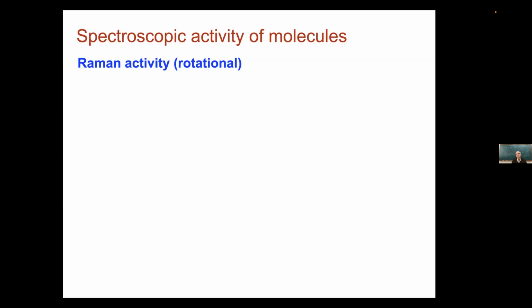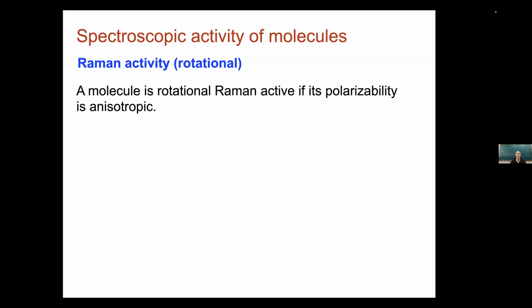Okay, so now, I already did the rotational Raman activity. So a molecule is rotationally Raman active if its polarizability is anisotropic, because if this is isotropic, it's proportional to the identity, and even when I turn, the identity tensor doesn't change.